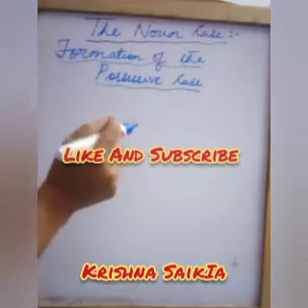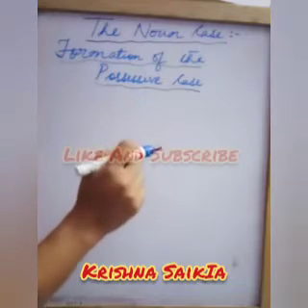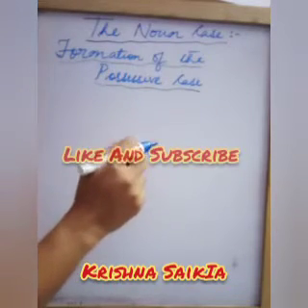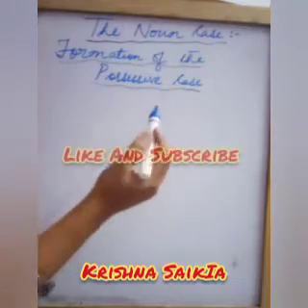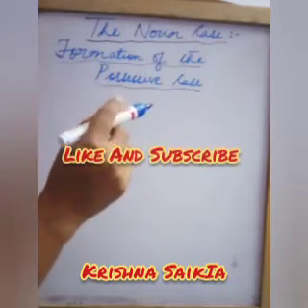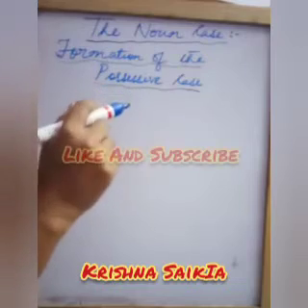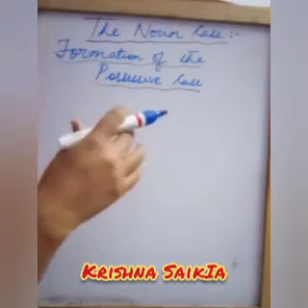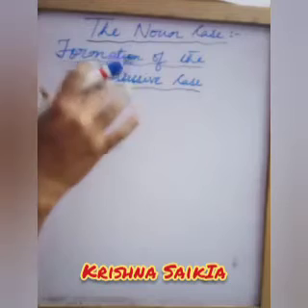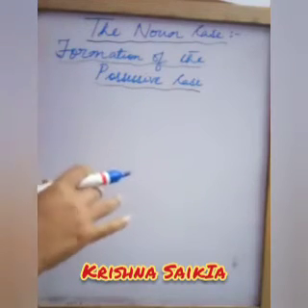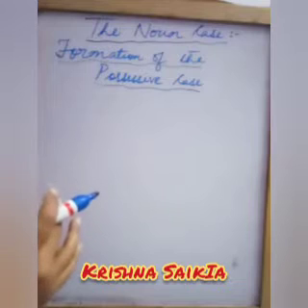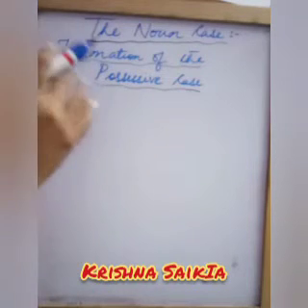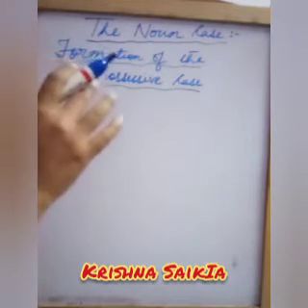So today we will continue from where we had left last. And if you remember, I had told you that today we will be doing formation of the possessive case. So what was the possessive case? You must be remembering, when a noun shows some kind of possession, when the form of the noun is changed to show some kind of ownership or possession or authorship, origin or kind, that kind of noun is said to be in the possessive case.